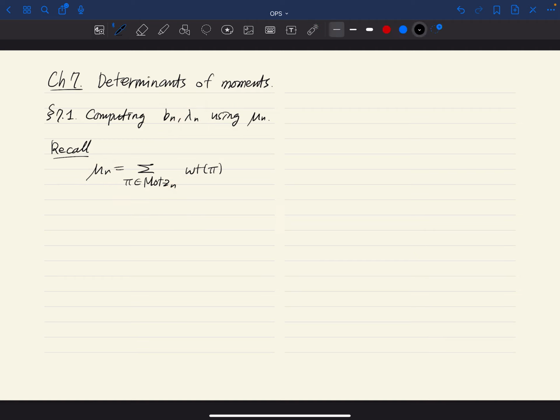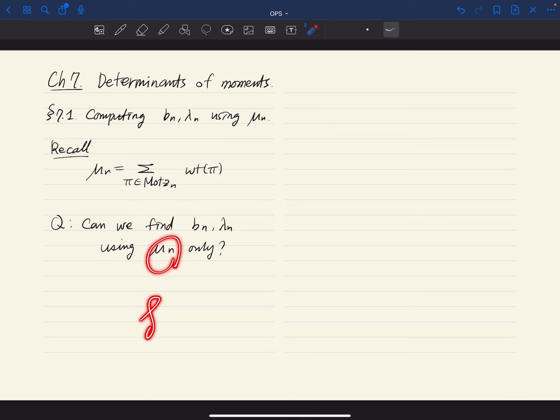Can we find bn and lambda n using mu n only? The opposite thing. The answer should be yes, because mu n completely determines the linear functional.